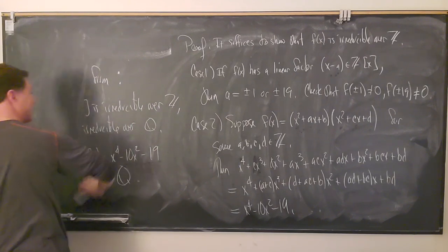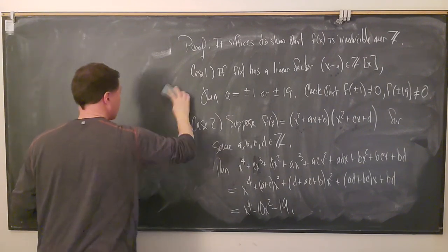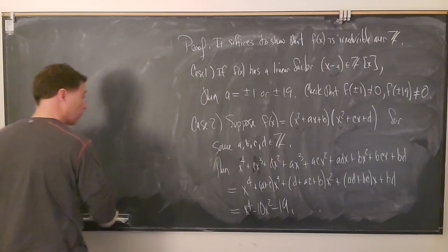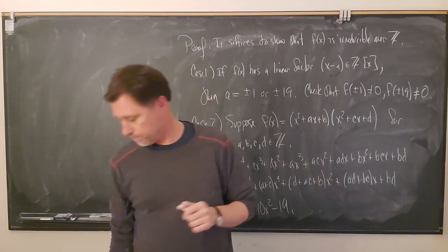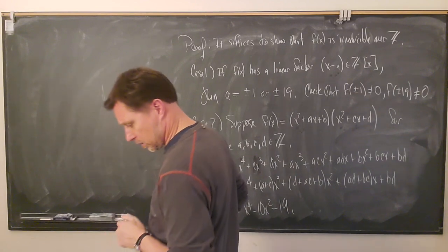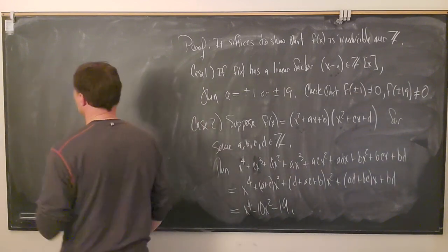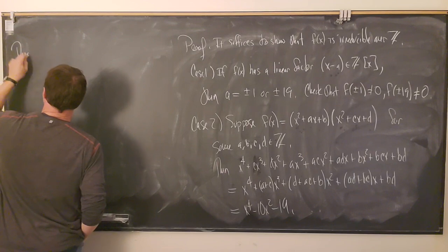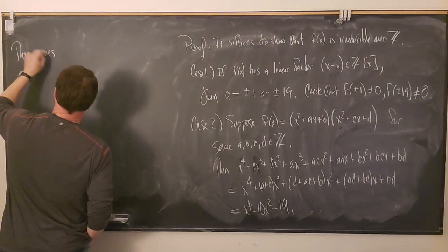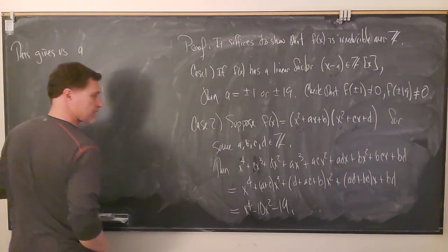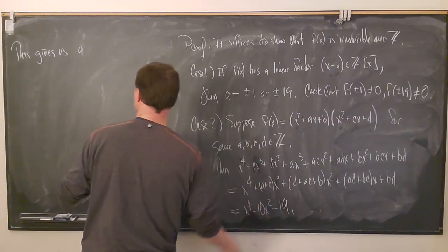So we have to show that this can't happen, and if we can get there, then we can conclude that our polynomial is irreducible over Q. So what do we get? It tells us that a plus c has to equal 0.